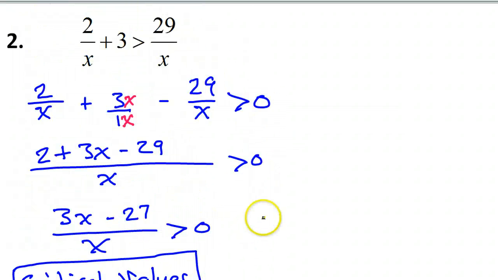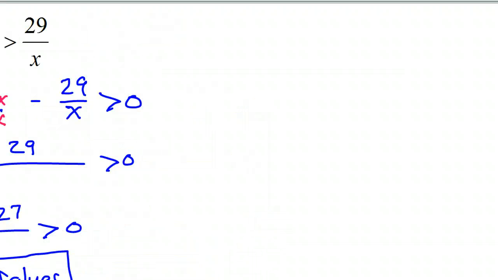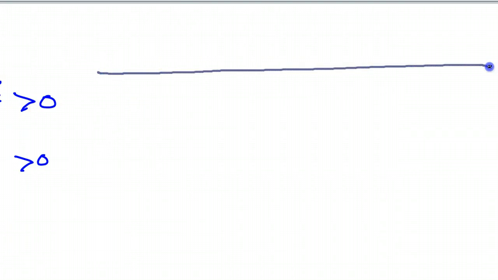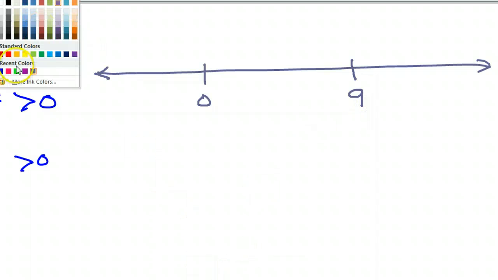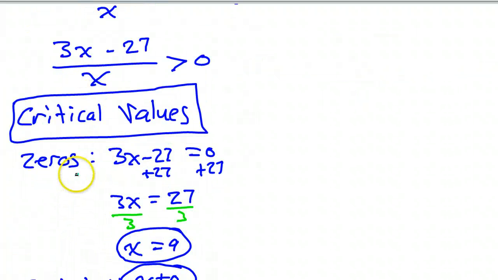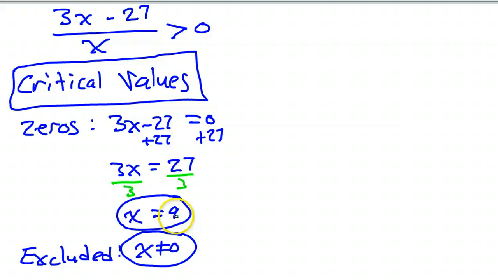So let's go build a number line for this thing. Okay, 9 and 0. So here's 0, here's 9. At 9, open circle or closed circle?